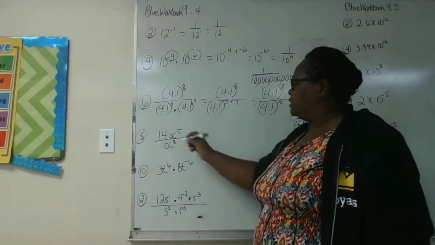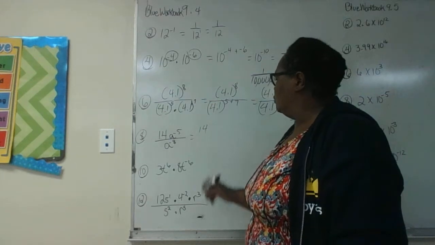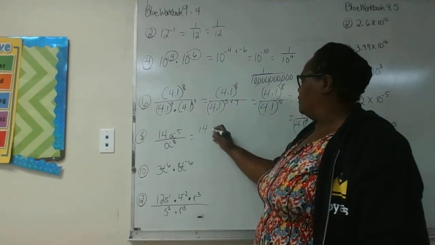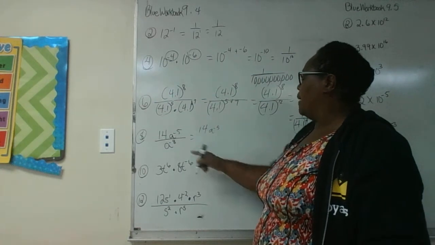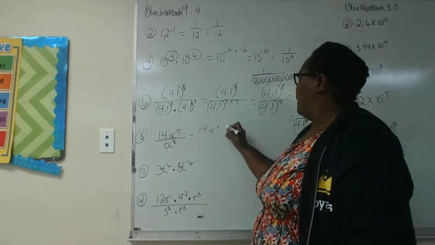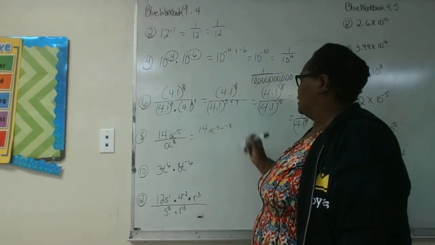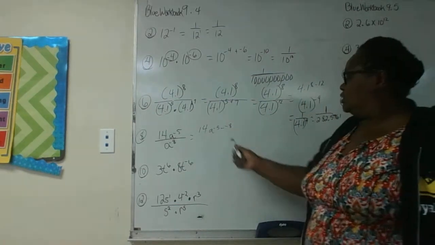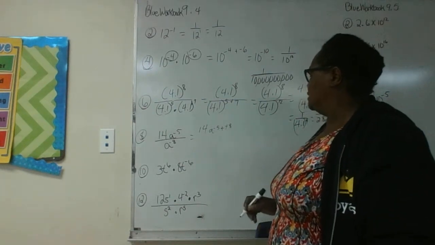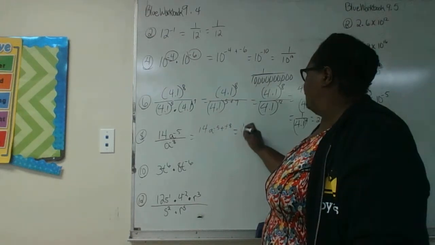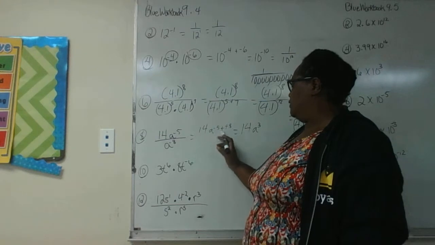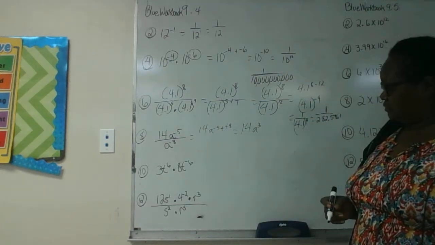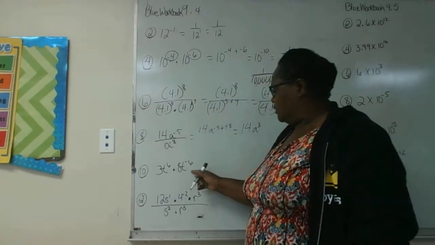Okay, let's move forward here. Here we have 14 in the numerator, and we have a to the -5th in our numerator, minus, because it's division, minus -8 that's in our denominator. As you know, a double negative leads to a positive, so therefore we have 14, and our a ends up with a 3, because -5 plus 8 gives us +3.